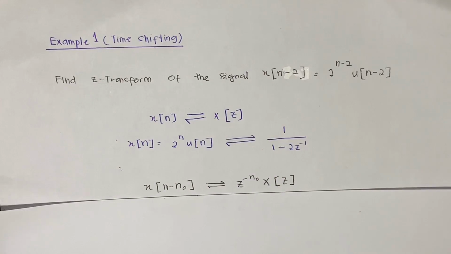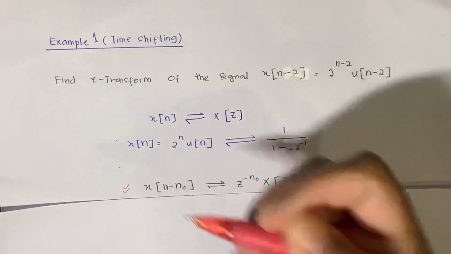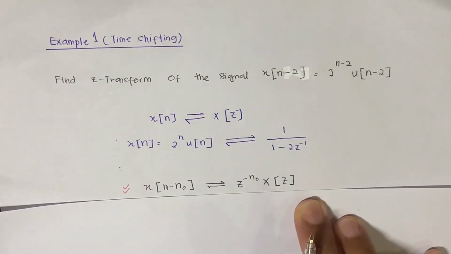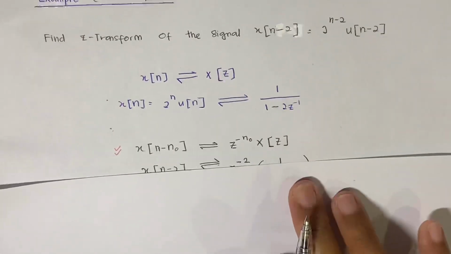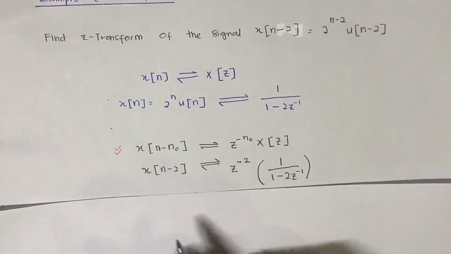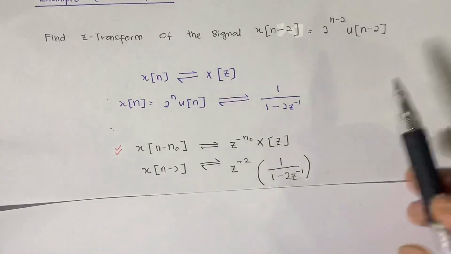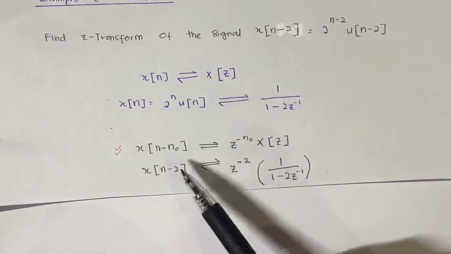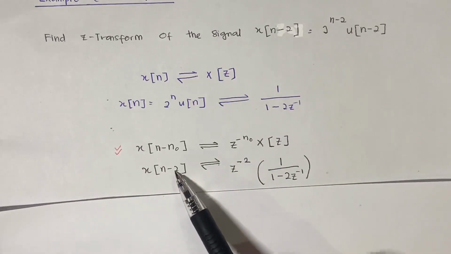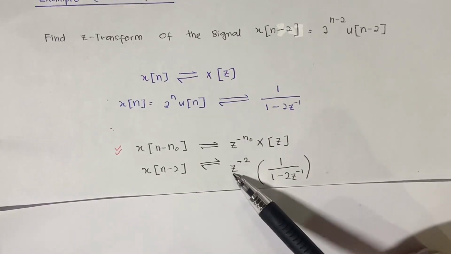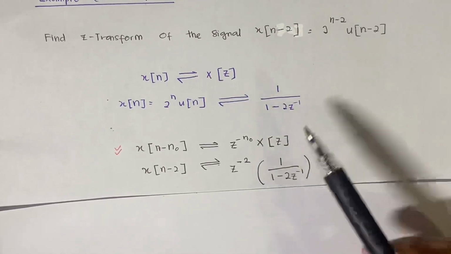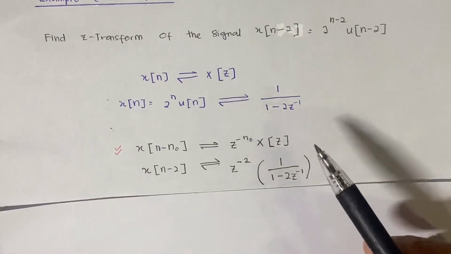Now we want to apply the Z transform property. This is the equation. We just replace it: n naught equals 2. So z to the power of negative 2 times X(z).